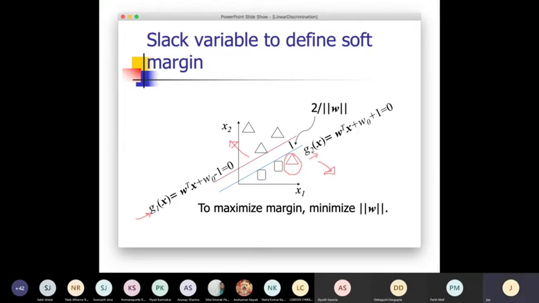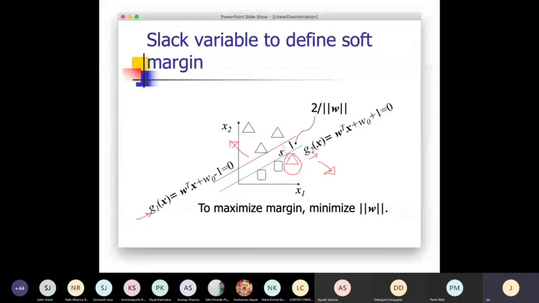So we consider a slack variable, say S, for this sample. Each such sample is associated with a variable. In general, every sample could be associated with a slack variable.